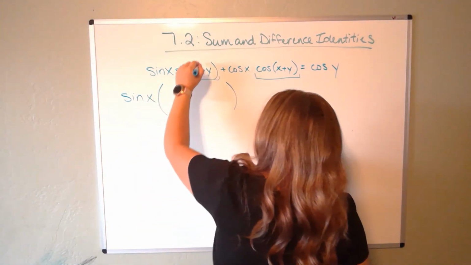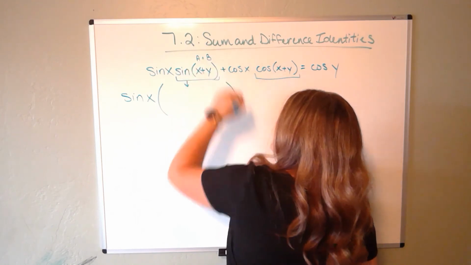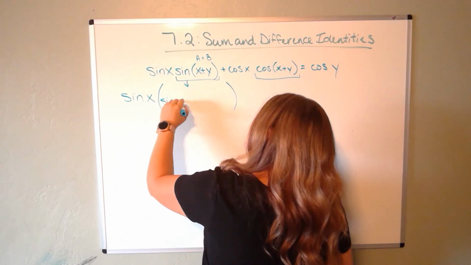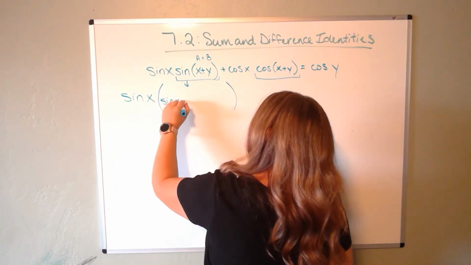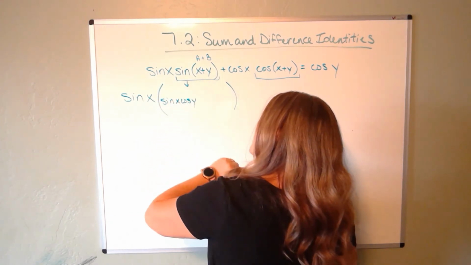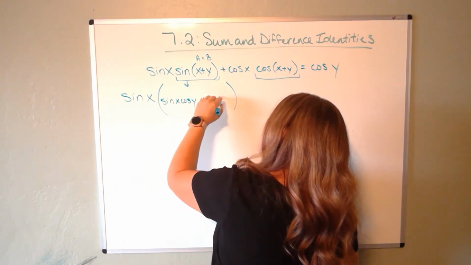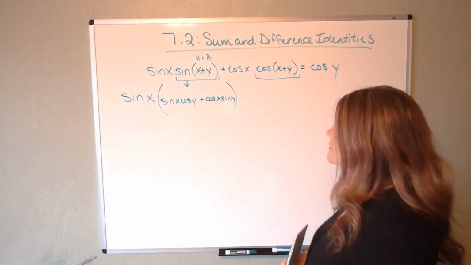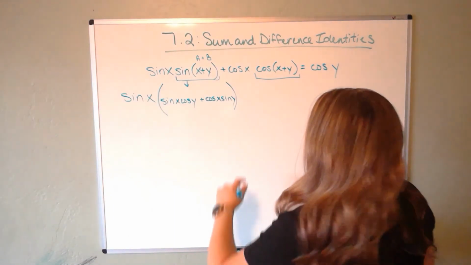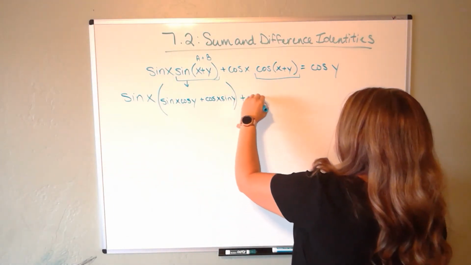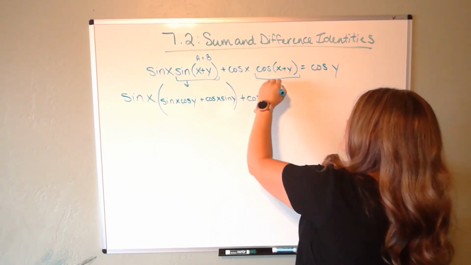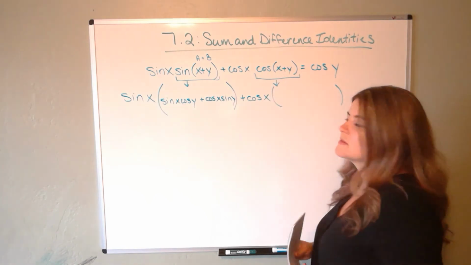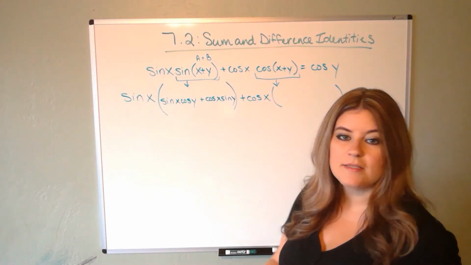All right, so what is sine a plus b? That's what I'm looking at here. Isn't that sine a cosine b plus cosine a sine b? So it does look worse. I told you it was going to look worse. And it's going to get even a little worse over here, guys. Because here we have a cosine x, but I'm going to replace cosine x plus y with the sum identity for cosine.